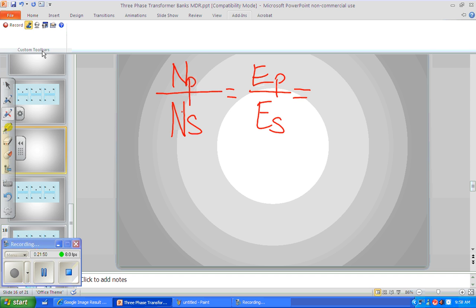Okay, and remember that the voltage ratio and the windings ratio are the same fraction, just different scales. And the current ratio is the inverse function.